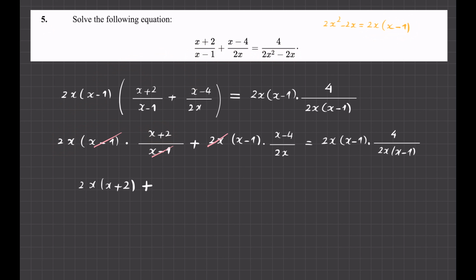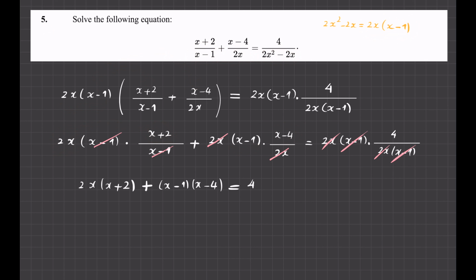Here 2x and 2x are gone. What is left for me should be multiplied into the numerator. So this becomes x minus 1 times x minus 4, and on the right hand side everything is gone. Actually 2x and 2x are gone, x minus 1 are gone, so 4 is left.